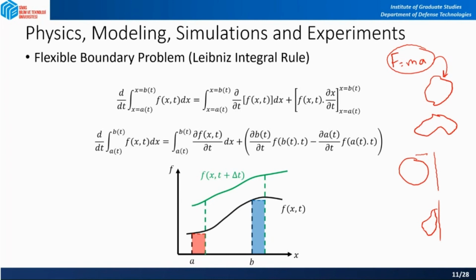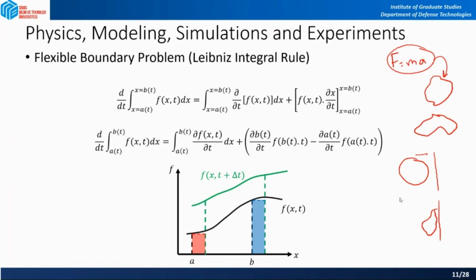The problem in fluids is that our boundaries are changing in time. And this change in time could be random. It may not be deterministic. How do I apply the same governing equation to a system in which boundaries are changing? How do I do this?